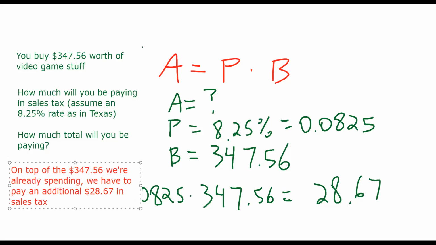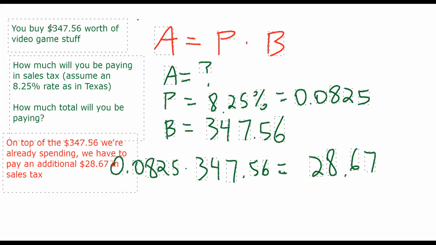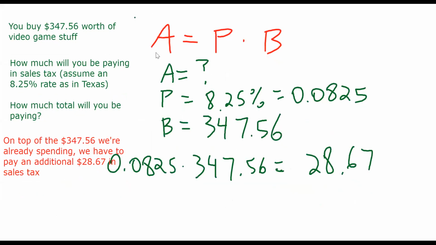So how do we figure out the total? Add them together, exactly. So we're paying $28.67 in sales tax, but if we add them all together, let me move this over. $370 something, yeah. That's what we'll get.